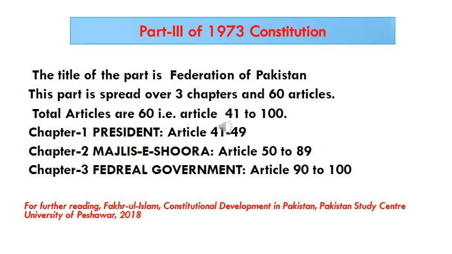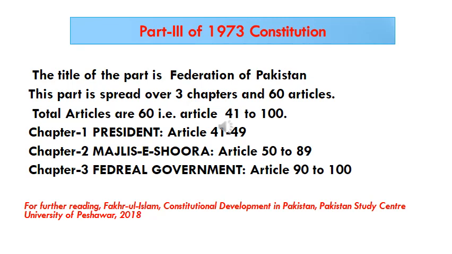Under the 1973 Constitution, we have a bicameral legislature consisting of lower house, that is National Assembly, and upper house, that is Senate. The seats in the National Assembly are such that Balochistan has 16 general seats and 4 women seats, so they have 20.